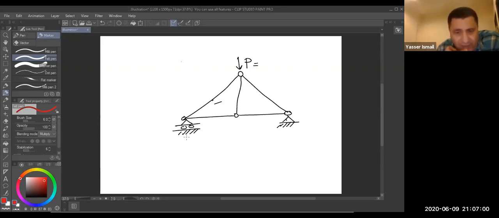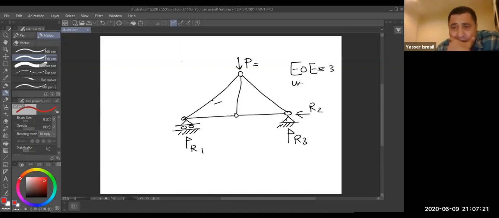Because I have one reaction, R1, and two reactions, R2 and R3. This is three reactions, 1, 2, 3. And I have three equations of equilibrium, and the unknowns equal 3. This truss is statically determinate.